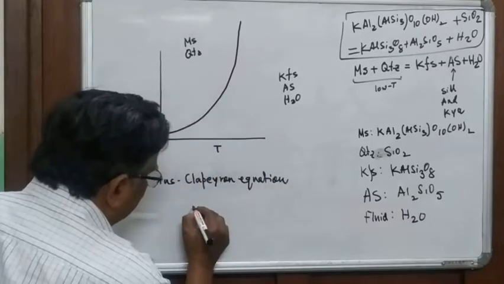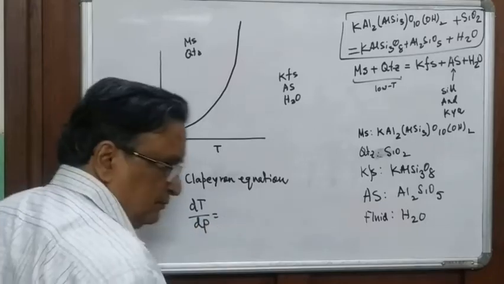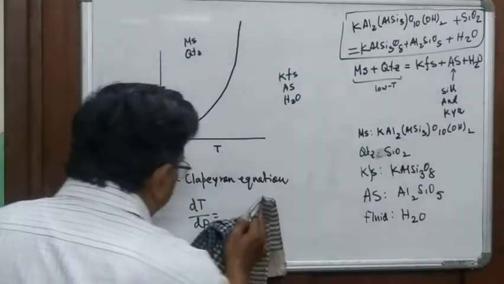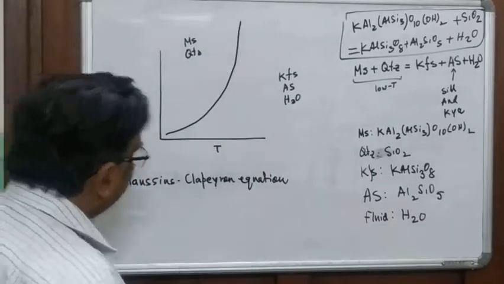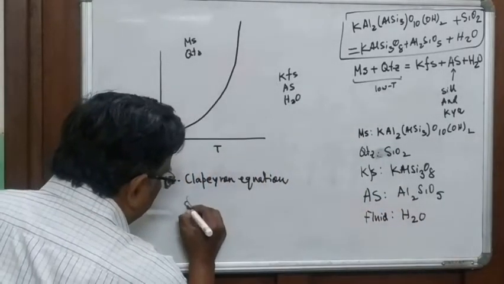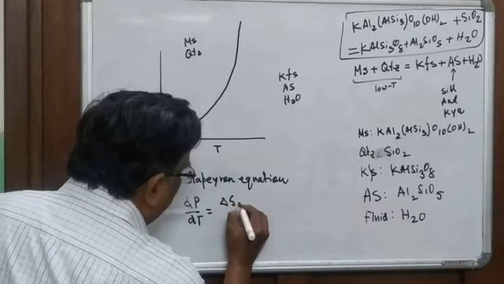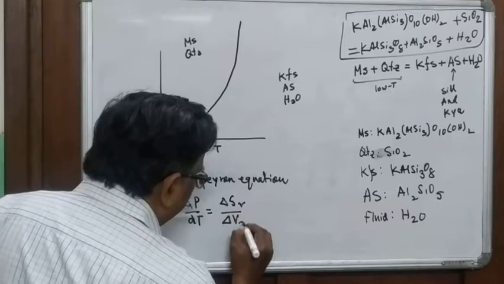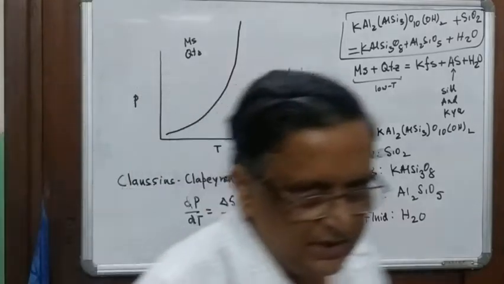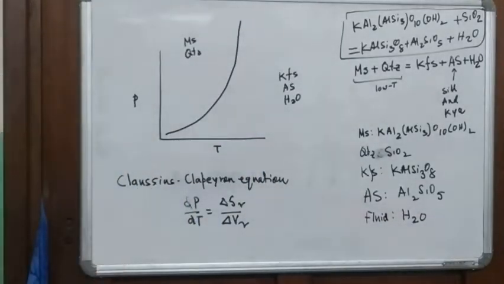The formula is dP/dT equal to ΔSR by ΔVR. This is the equation. dP/dT is equal to ΔSR by ΔVR. We will talk about this equation a little later.